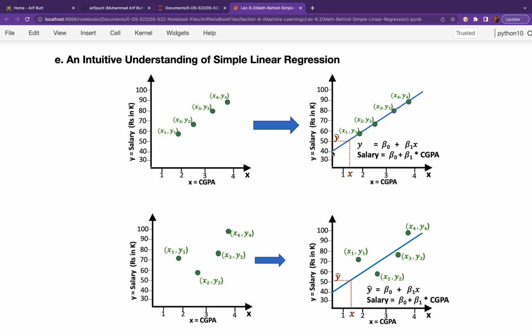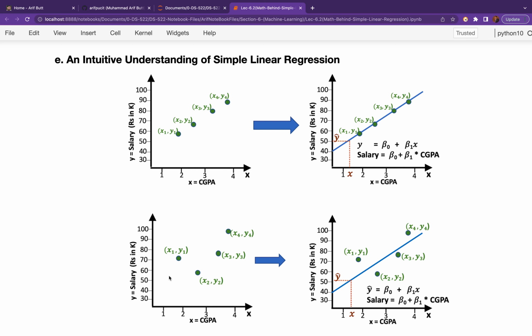In this case, even when the CGPA is 0, the minimum salary is 40K. So this doesn't seem right, but I think you have got the understanding. I just want to tell you that this beta naught is the minimum constant value of the output variable. The second regression coefficient, this beta 1, is actually the weight that is multiplied with the CGPA. And I hope this makes sense.